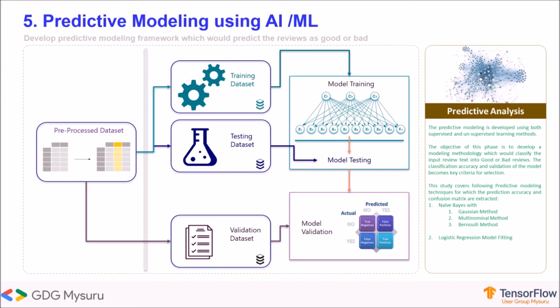The entire process is divided into multiple stages, such as the data set with good and negative reviews, with 1 and 0 as the numbers given, and then dividing the data set into training and testing parts. The 80% training data goes into predictive modeling to develop the models using various methods, and then the model is validated on the testing data.